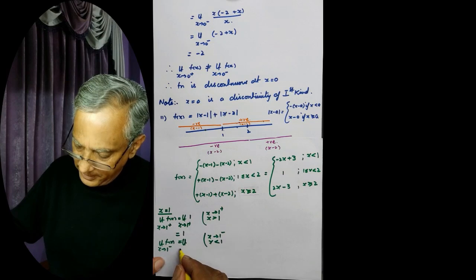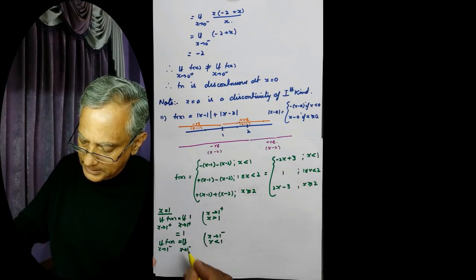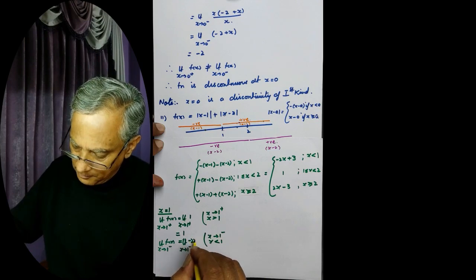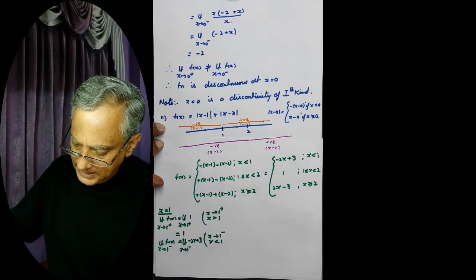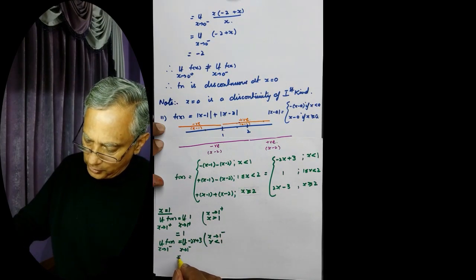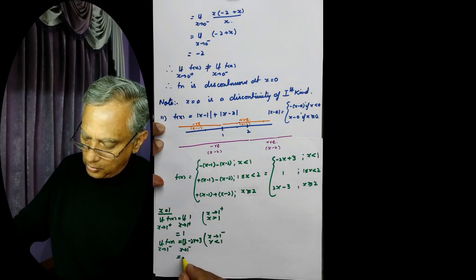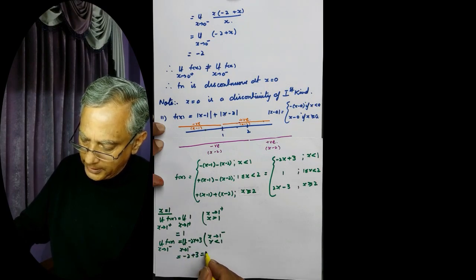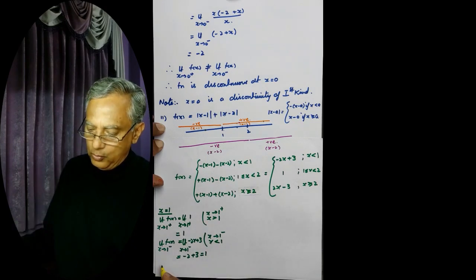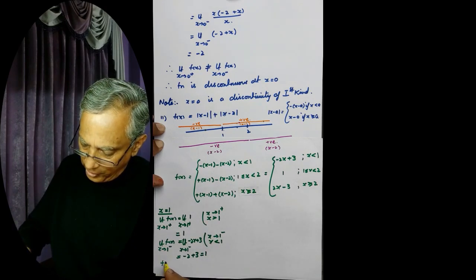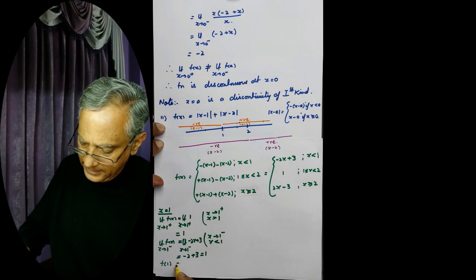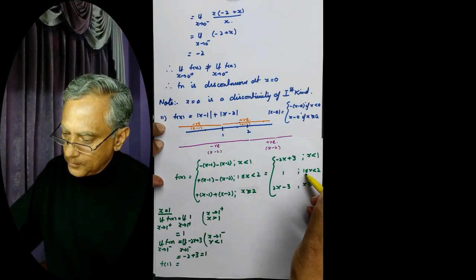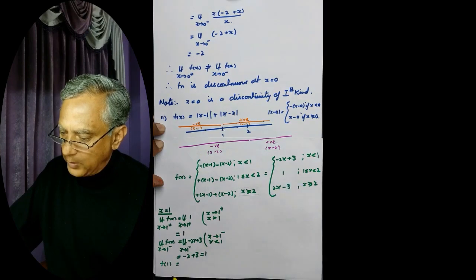So this is limit as x approaches 1 from the negative side of minus 2x plus 3. So this is equal to, at x is 1, minus 2 plus 3, and this is equal to 1. And the value of the function at the point 1, x equal to 1, is included here.